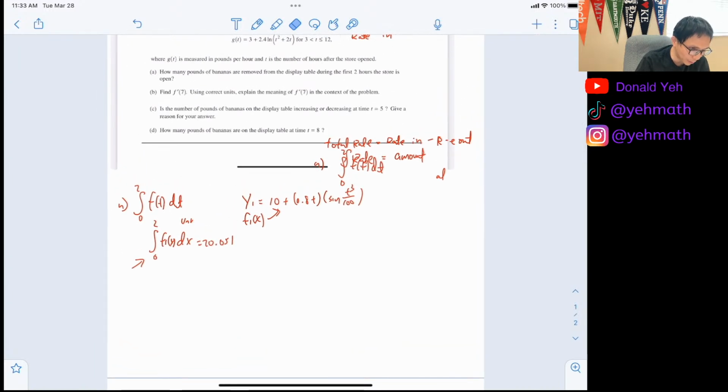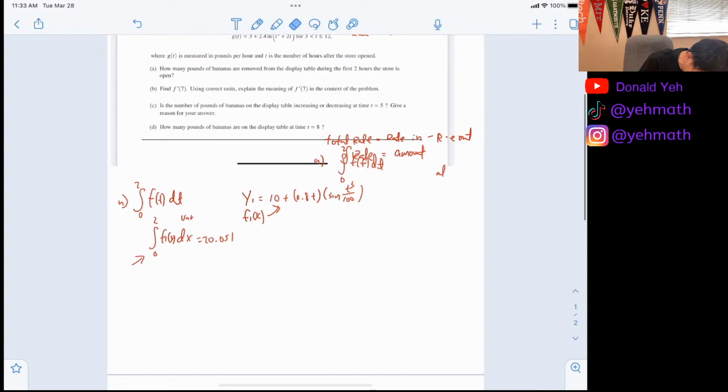Question about the first one, A. Let's go to B. But do they care about units? Oh yes, they do. So thank you for mentioning that. It's going to be pounds, and I think they didn't tell you to interpret the context of the problem.